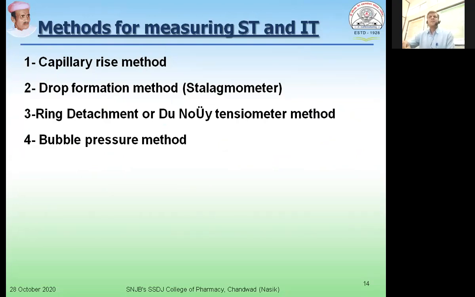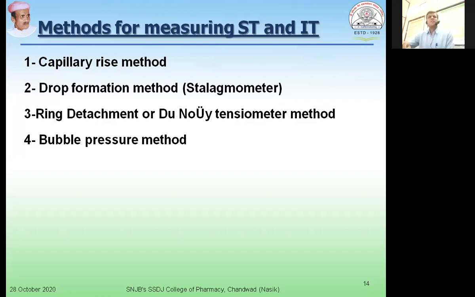We just require a stalagmometer, and it is said to be the lab technique for determination of surface as well as interfacial tension. Capillary rise method is also a simple method which can be used at the lab scale.